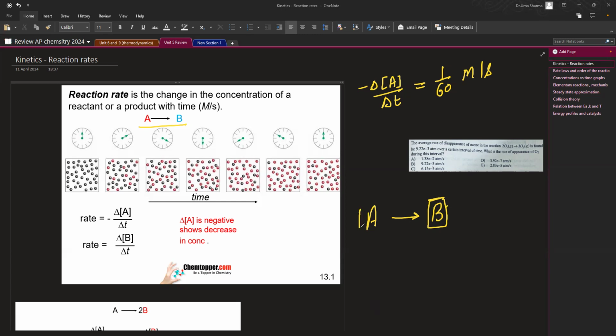If 1 mole of A disappears, 1 mole of B appears, what is the rate? Yeah, it is plus delta B over delta T. What's the value? The same, 1 over 60 molar per second, 1 is to 1. So from the balanced equation, you can compare the rates.